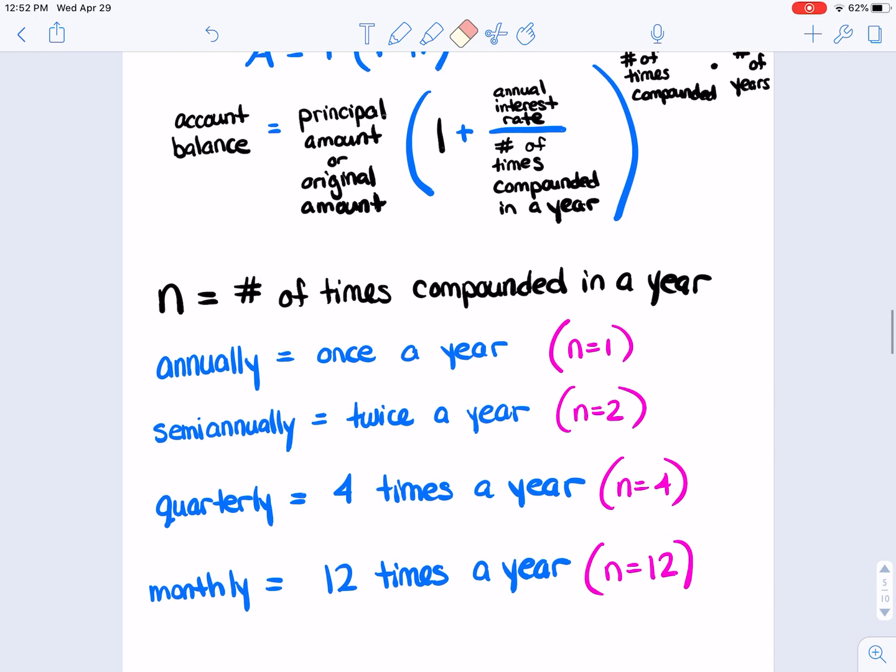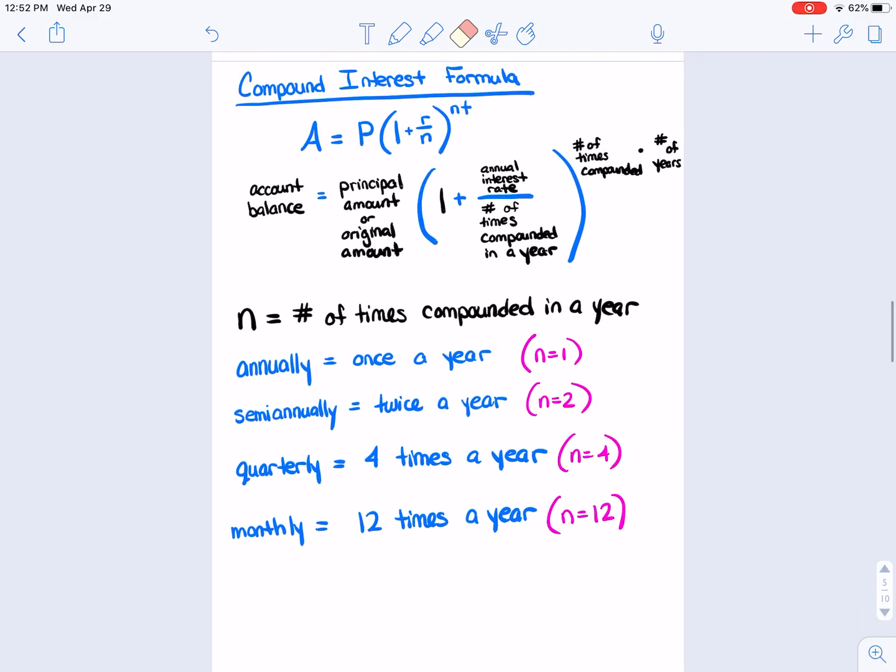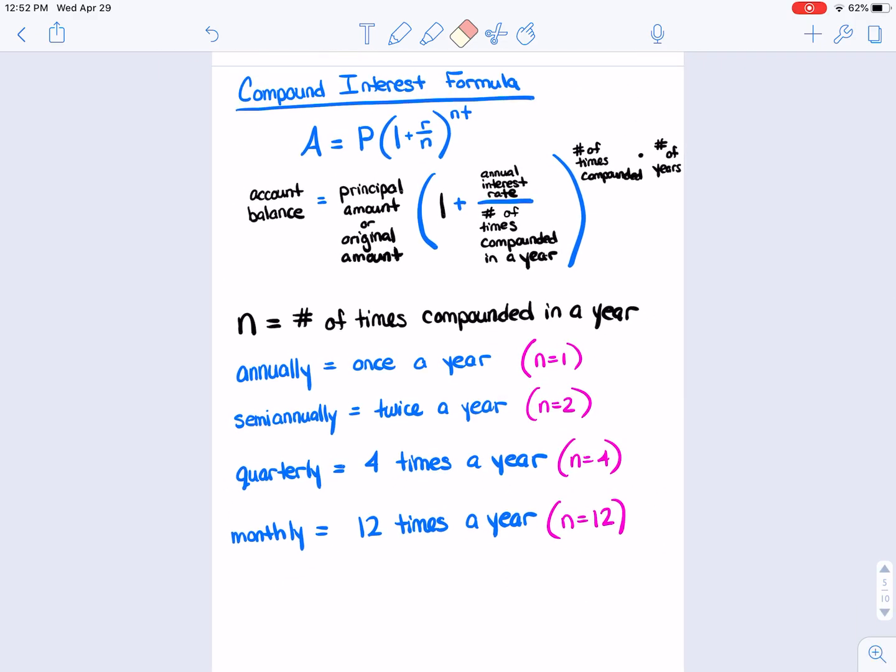Now, on the flip side, it doesn't just have to be your money being deposited, your savings that you're earning interest on. Unfortunately, it could work the same way in the opposite direction. If you borrow money and get a loan, say you are going to buy a house and you need to borrow $100,000 from the bank, you don't get to give them back exactly $100,000.